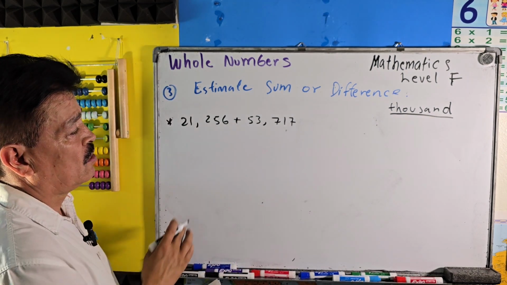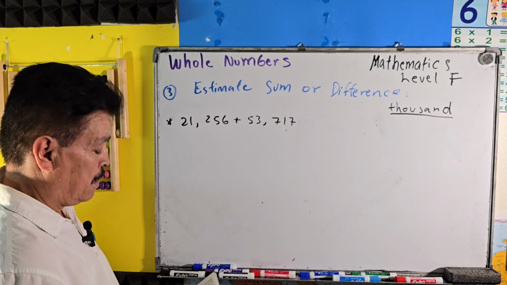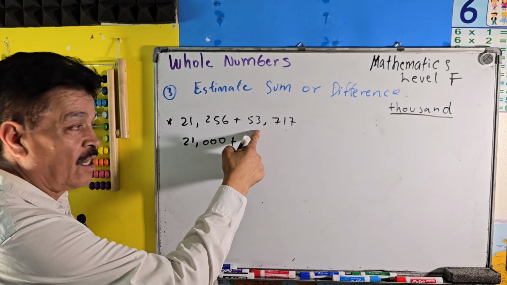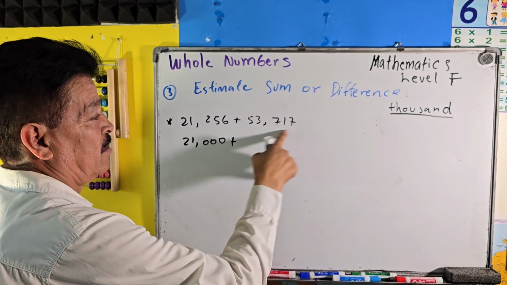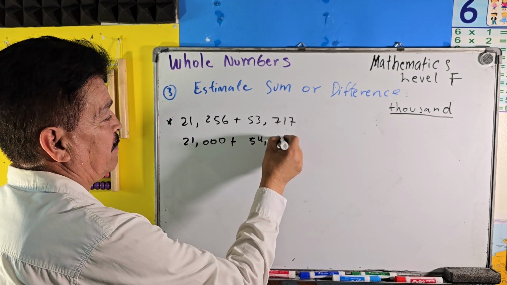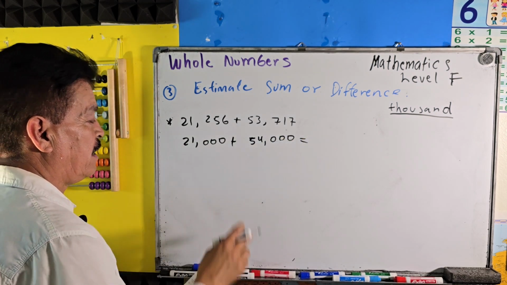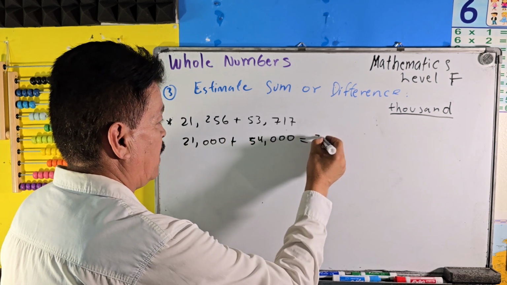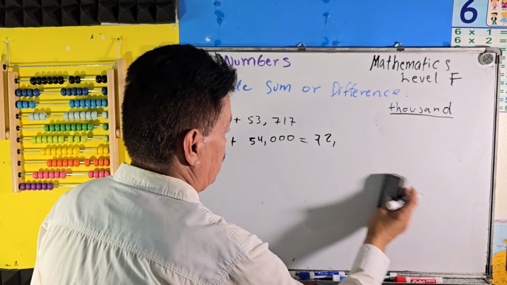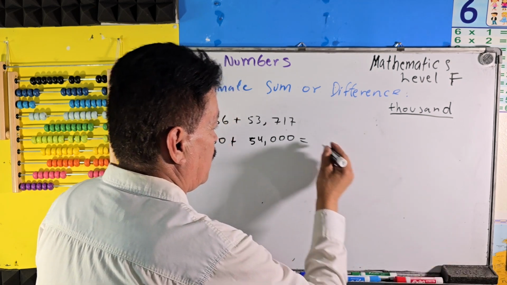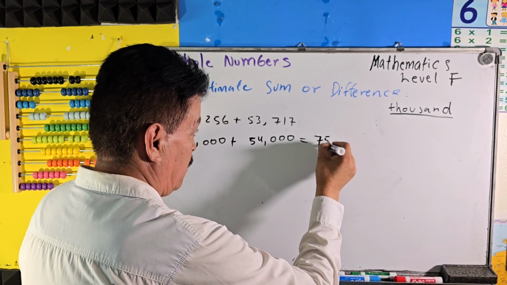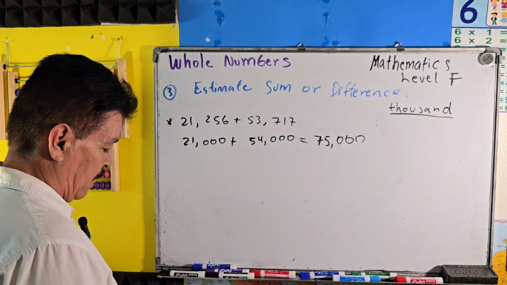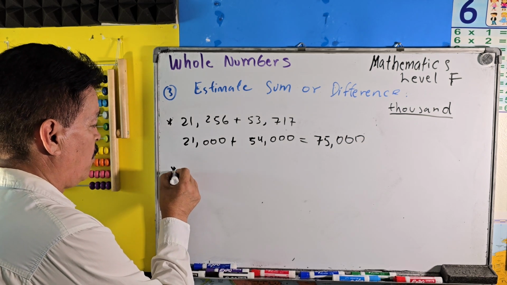So here it's 1,000, not 100. So we write 20,000 plus here, close to 1,000, just 54,000. So just to make it easier, if we add this, it's going to be 74,000, let's choose 75,000.